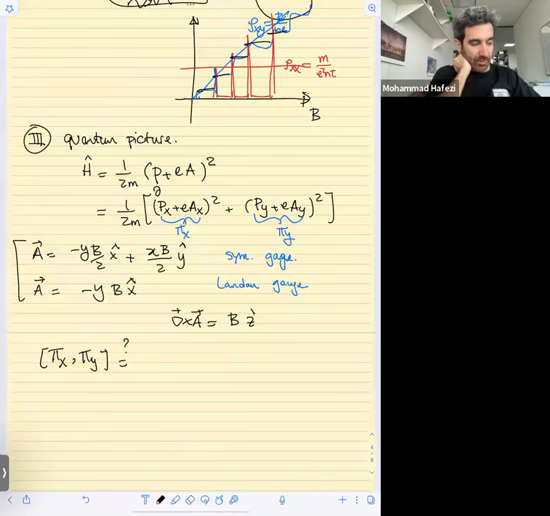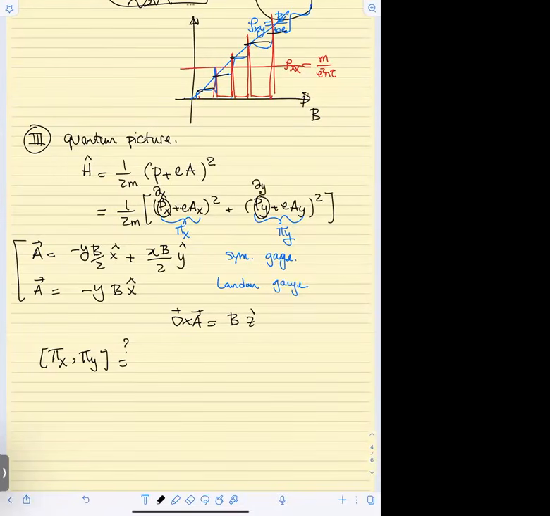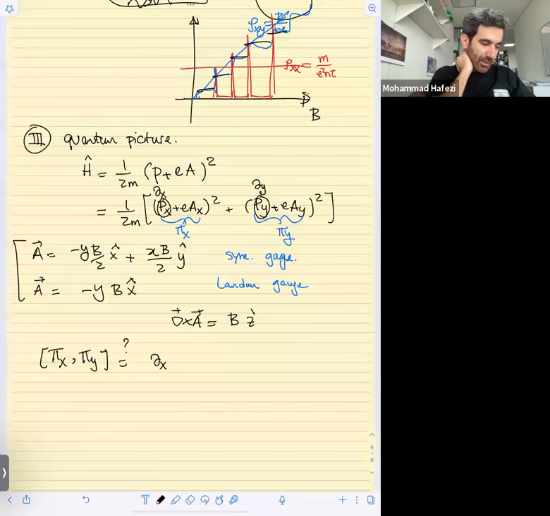But why? Because you see, px is proportional to the derivative in x, py is proportional to the derivative in y, right? So then pi x is some px, apart from i's and things, and then pi y.